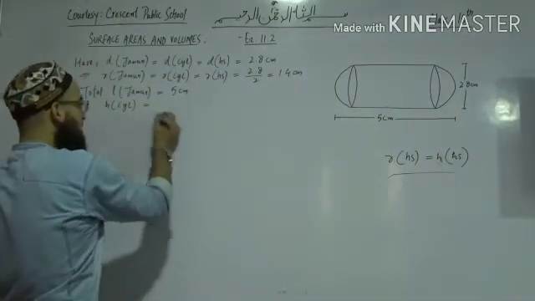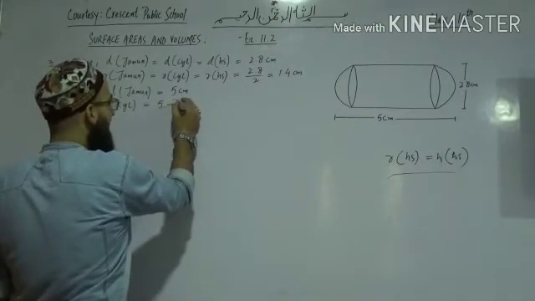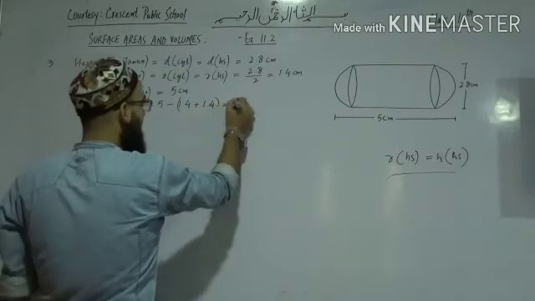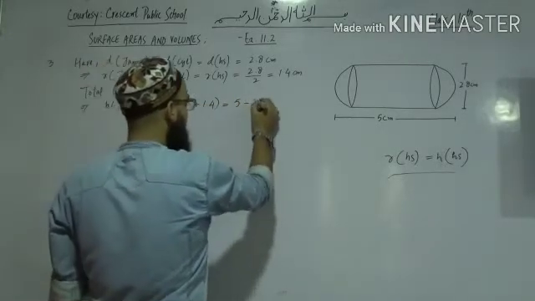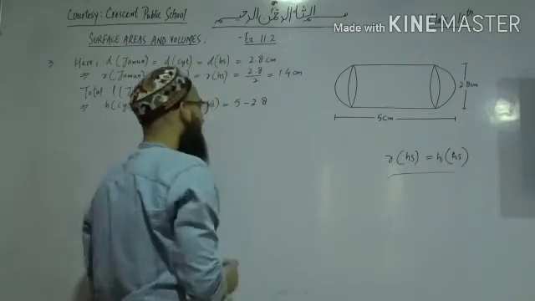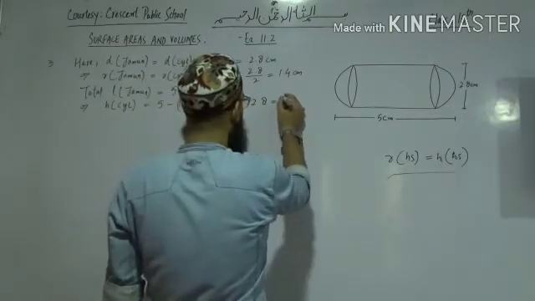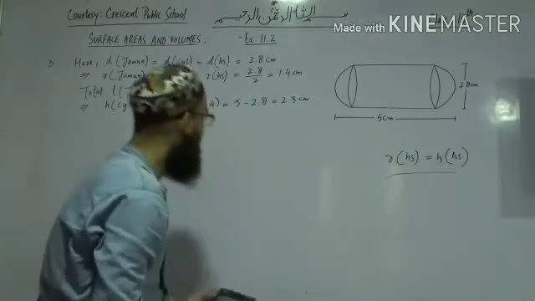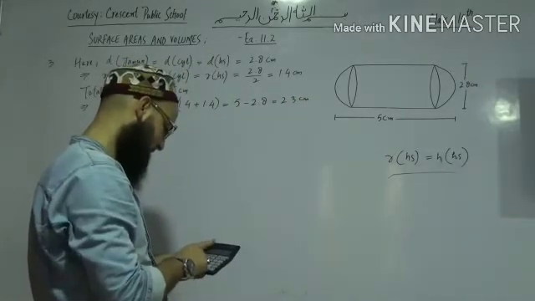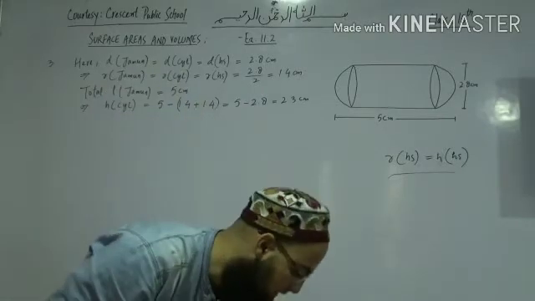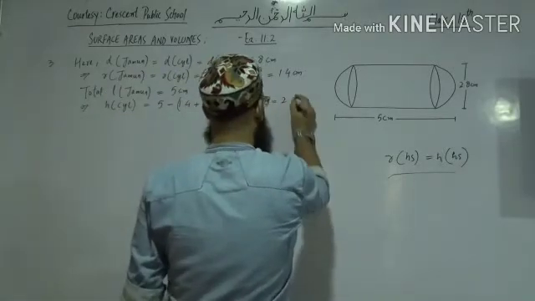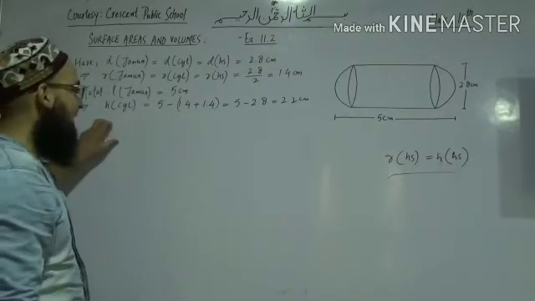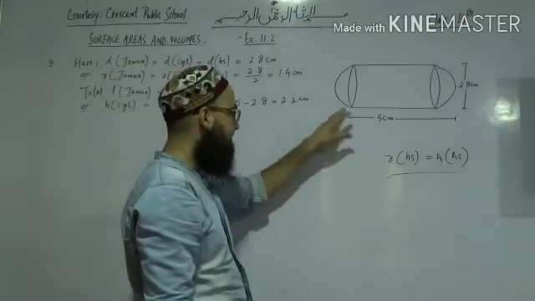In other words, the height of the cylinder is 5 minus (1.4 plus 1.4), which is 5 minus 2.8, and that gives 2.2 centimeter. So 2.2 centimeter is the height of the cylinder. That's it.